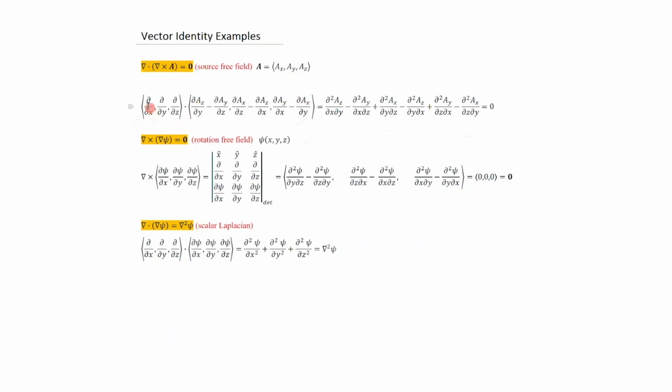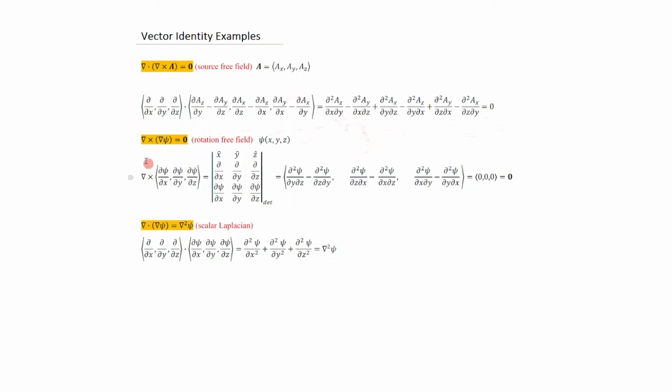So you basically apply this to both terms here, this to both terms here, and this to both terms here, and expand out. You end up with this, and you'll see that you get terms basically canceling each other out. So for example, this term, ∂x∂z and ∂x∂z, they cancel. So pairs cancel and you get 0.